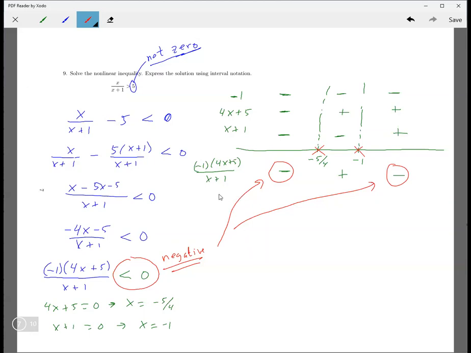Wait a minute, I messed up. This is greater than, and I put less than. What's up with that? Okay, greater than, greater than, greater than, greater than. Okay, so that means positive. Let me do a different color.